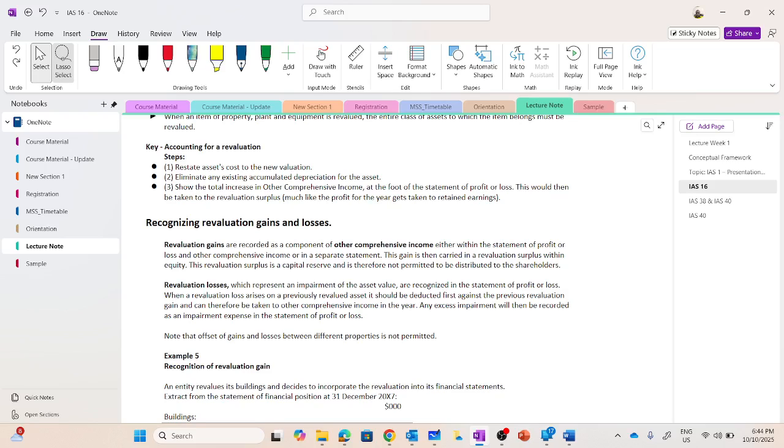So now let's try to solve this example 5, so we are able to understand the concept more. Let me copy the question and then let's try to understand the question and solve it as well.